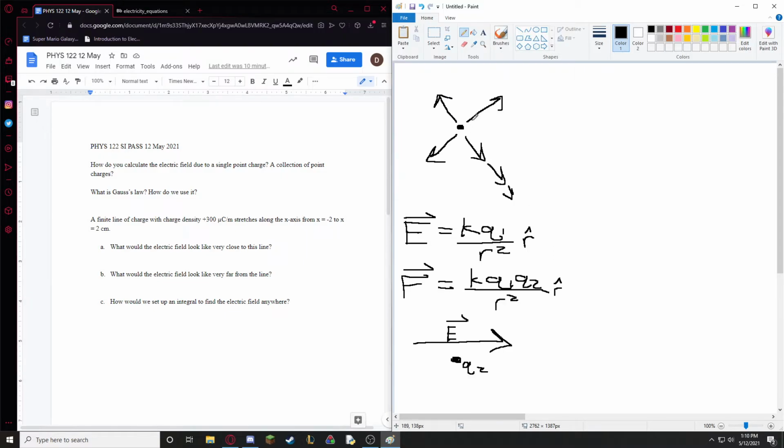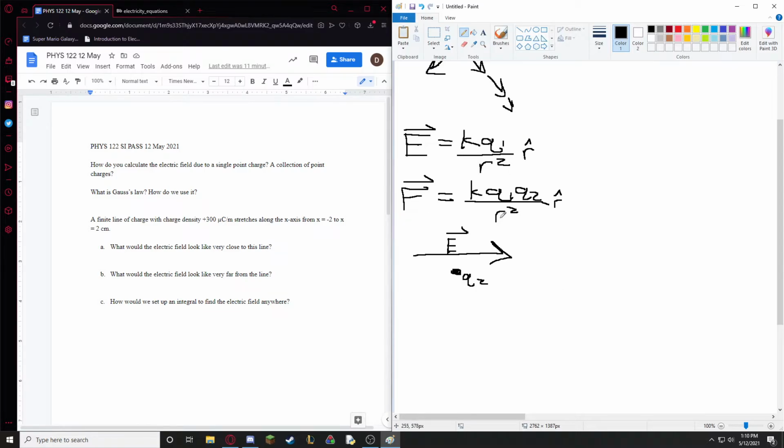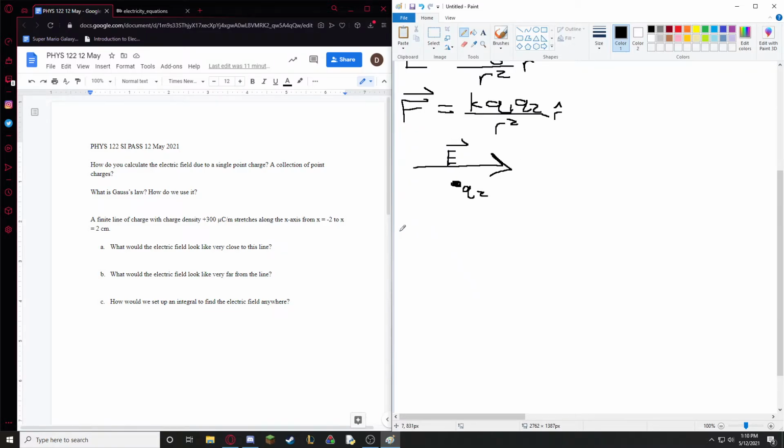If this is Q1 that's generating the electric field. Go ahead, Mohammed. Force is equal to the charge multiplied by the electric field. Yep, exactly. It's that simple. So the force acting on our charge is the charge itself times the electric field that it's in.